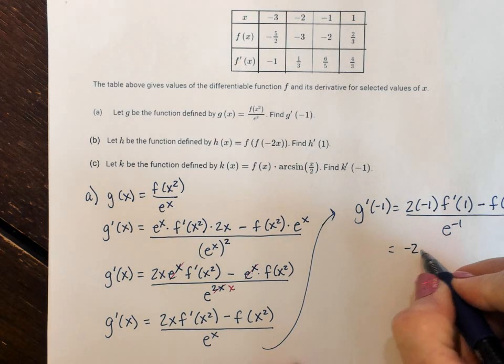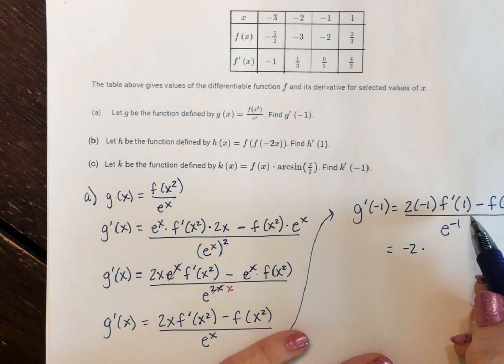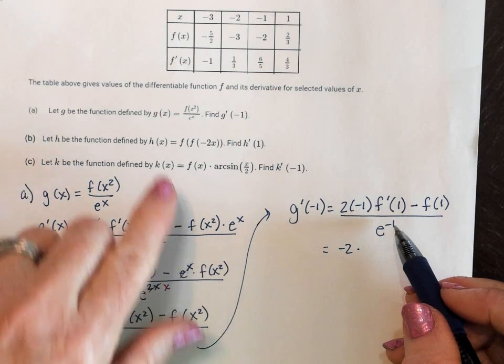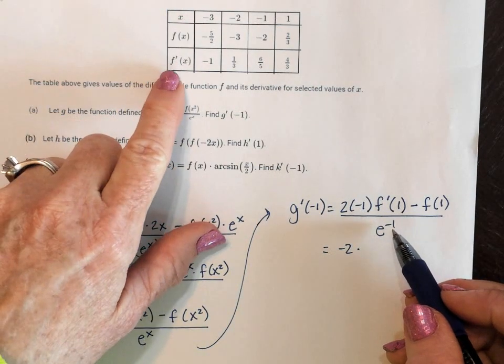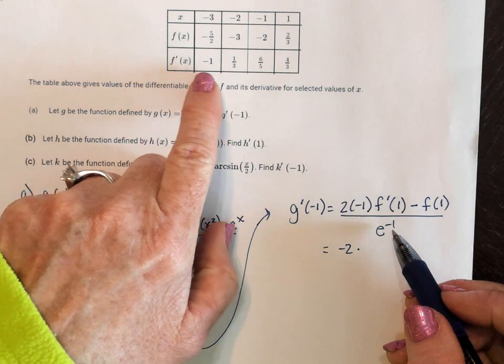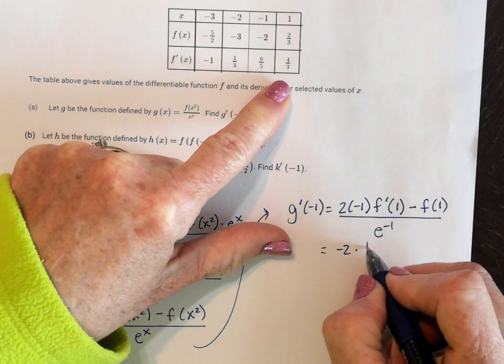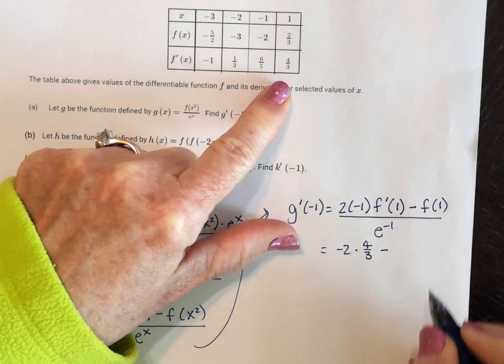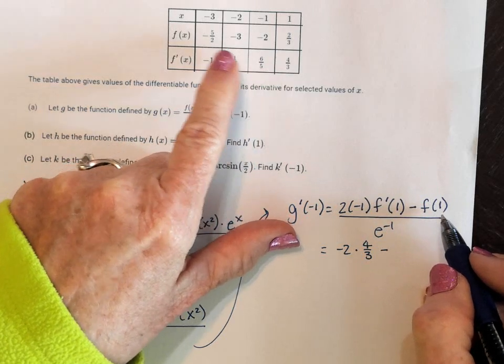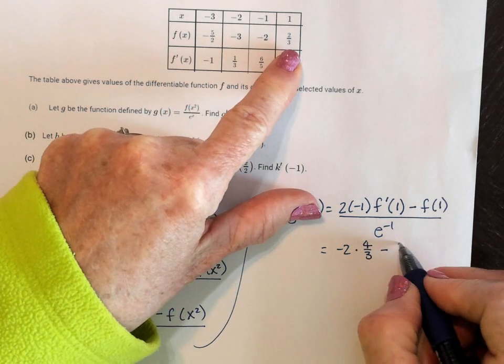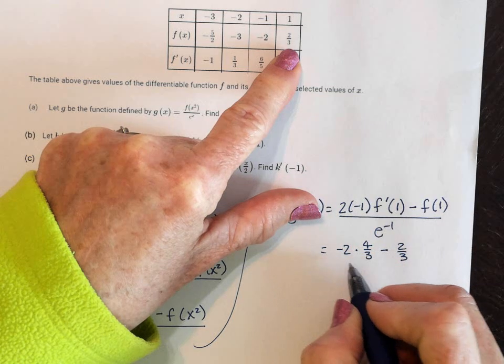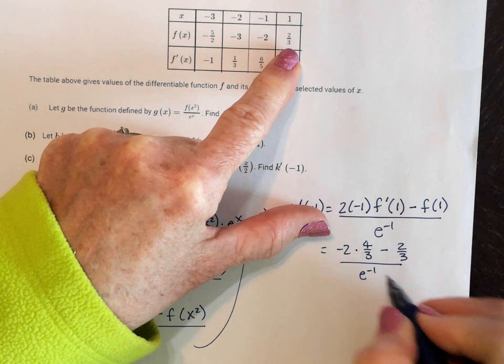So we'll have -2 times f prime of 1. Let's go up here and look. f prime of 1 is 4/3, minus f of 1. f of 1 is 2/3, all over e to the -1.